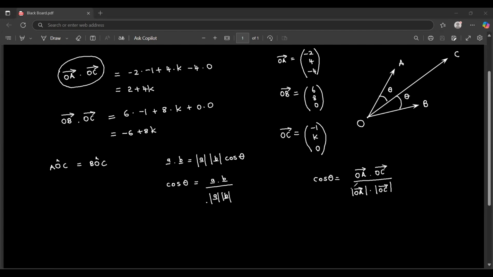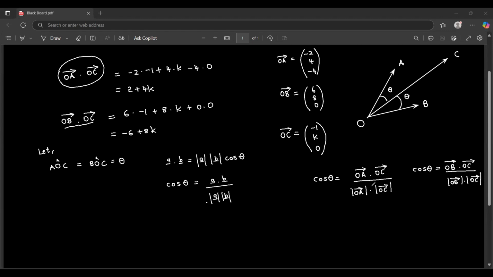I'm just replacing the values. Similarly, let angle AOC equal angle BOC equal theta, so in the OB and OC case, cos theta is equal to OB dot OC over modulus of OB into modulus of OC.